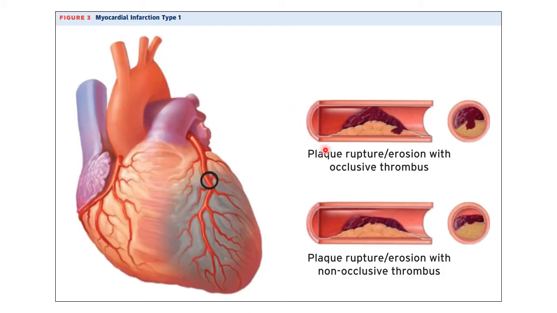So in type 1, there is buildup of atheromatous plaque, which may rupture and predispose to thrombus formation, which may be completely occlusive or partially occlusive, and with resultant ischemia or infarction of the affected territory.